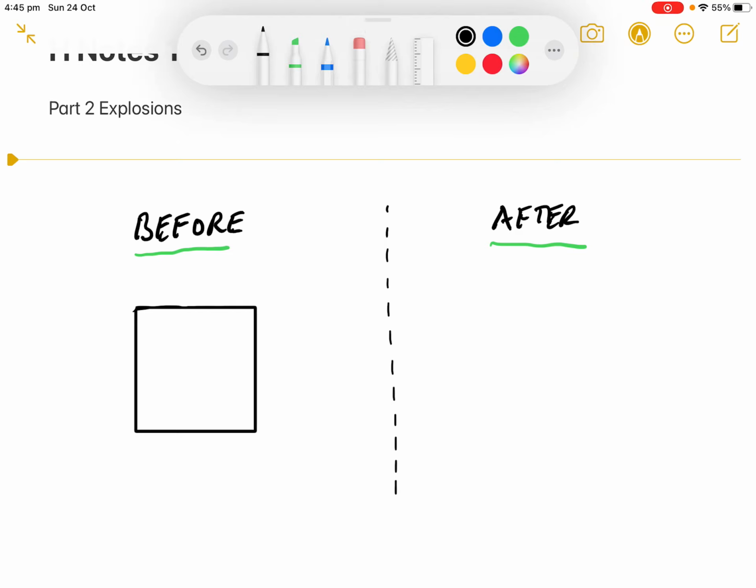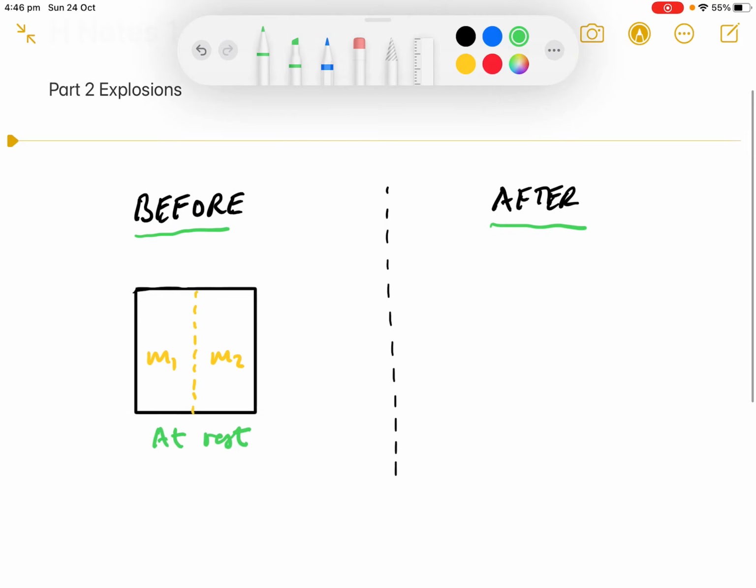The explosions we deal with are relatively simple ones, where the original body will split in two into mass M1 and mass M2. Typically before the explosion, the body is at rest.